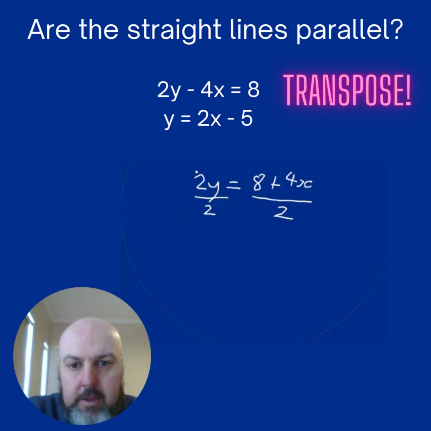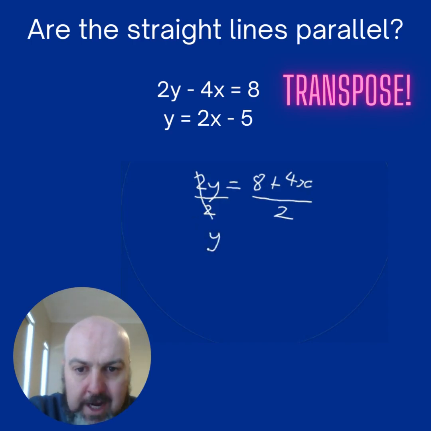So these cancel out, and now I'm left with y equals, I may as well put this in the order mx + c, so 4x divided by 2 is 2x, and 8 divided by 2 is 4. So this will become y = 2x + 4.